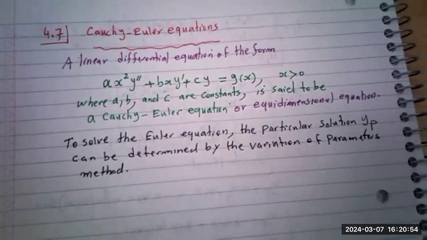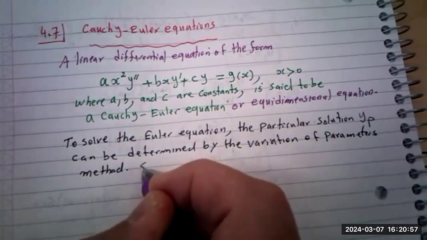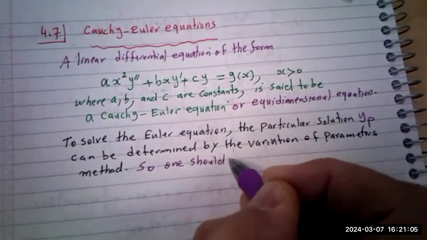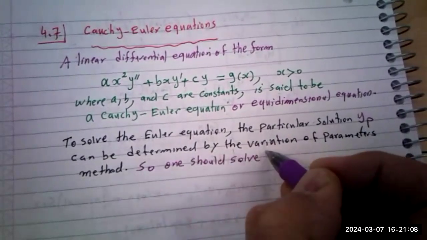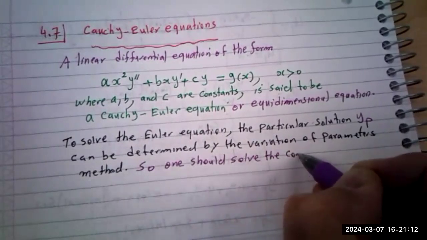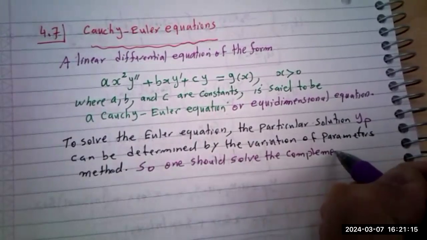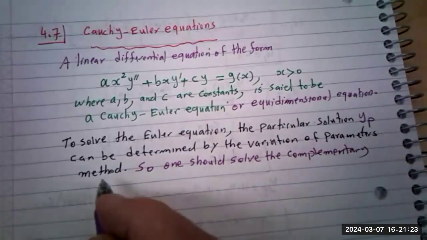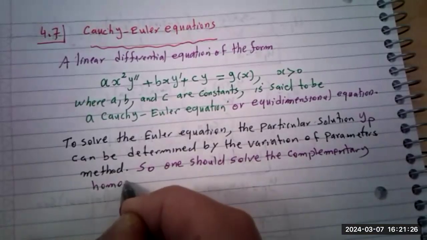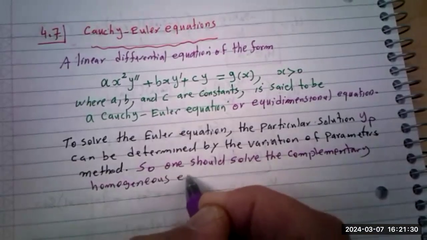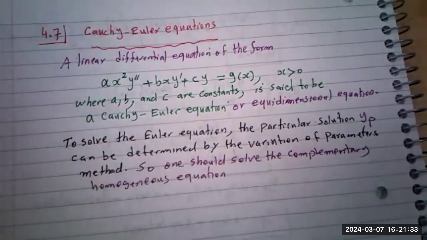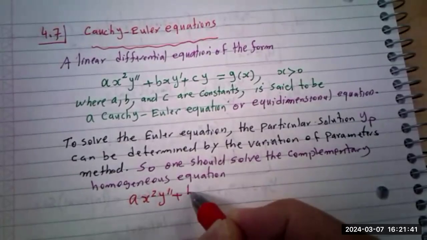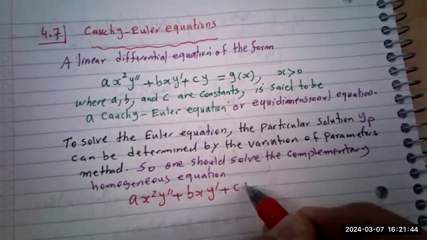Now we need to find the YC. So our job is to solve the corresponding, or complementary, homogeneous equation, which is the following: a x squared y double prime plus b x y prime plus c y equal to 0.